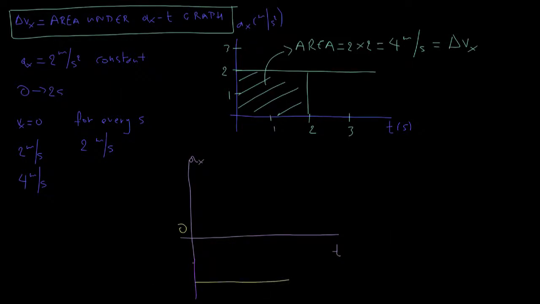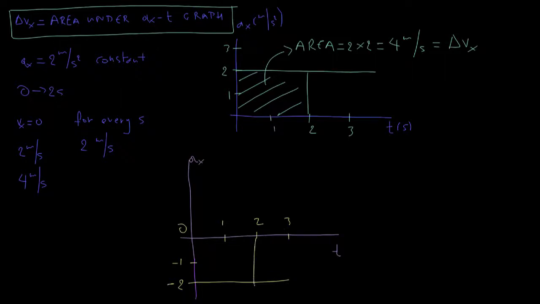I had an acceleration of not +2, but instead I had an acceleration of -2 meters per second squared. And this was 1, and this was 2 seconds, and so on.